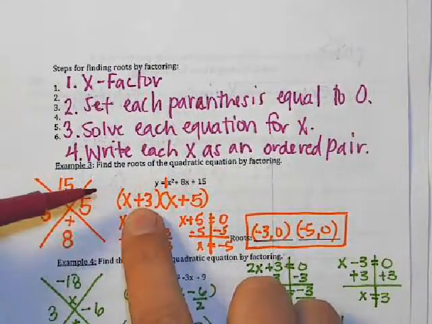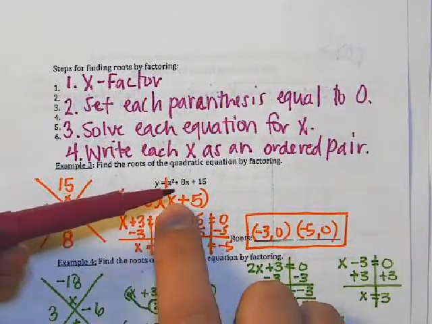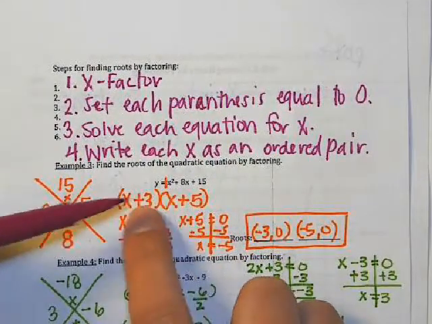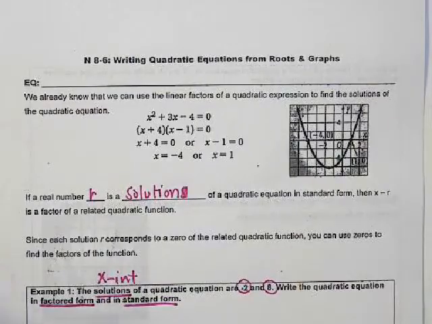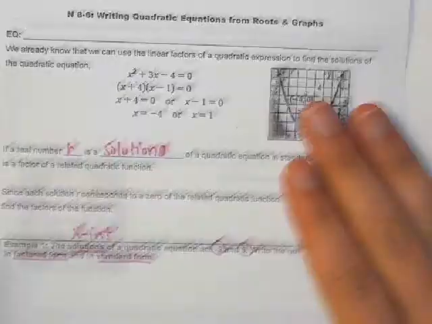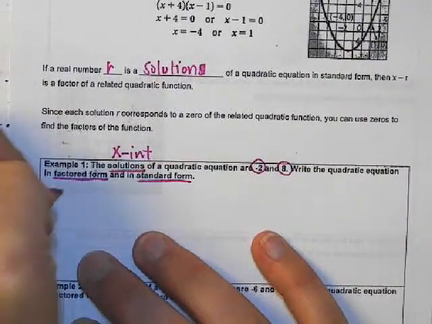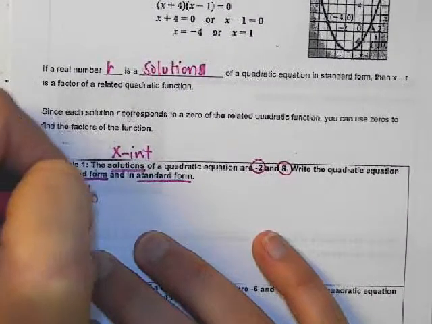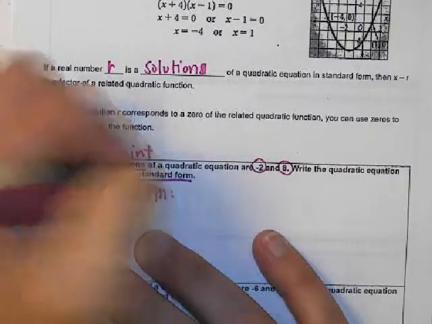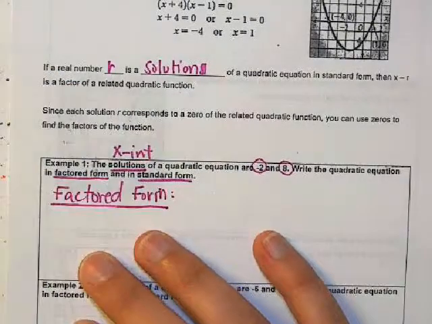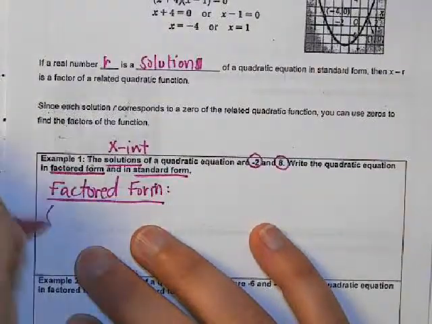But when we did x factor, this right here was our answer for x factor. Okay, so today when we write this in factored form, it's going to be two sets of parentheses. So what I want you to do is write factored form. Factored form. Okay, and put your two sets of parentheses.